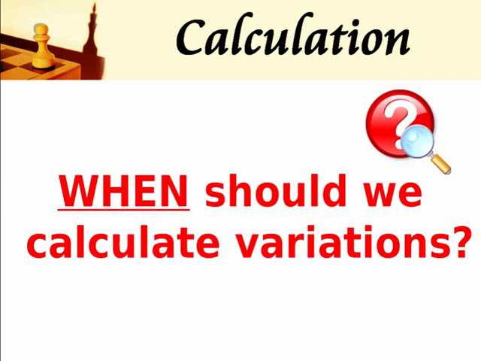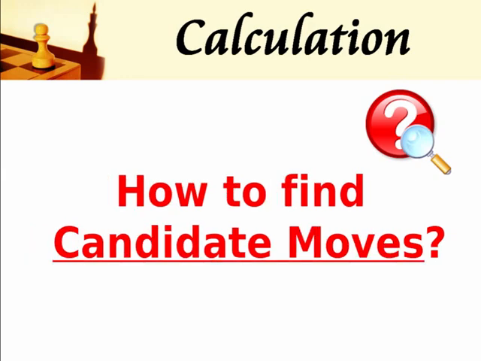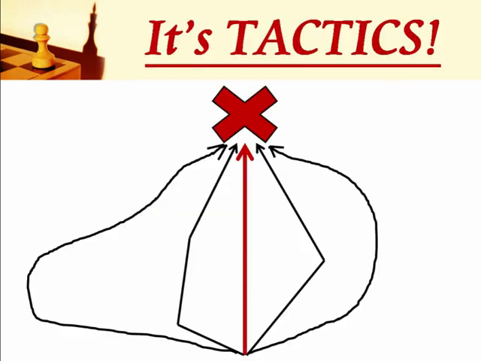Okay, so far we analyzed when to start calculating variations. Now let's move on to the next question. How to find the candidate moves? In other words, how do we find the moves that are worth calculating? As we have discussed, tactics help us find the best way to achieve our general goal.